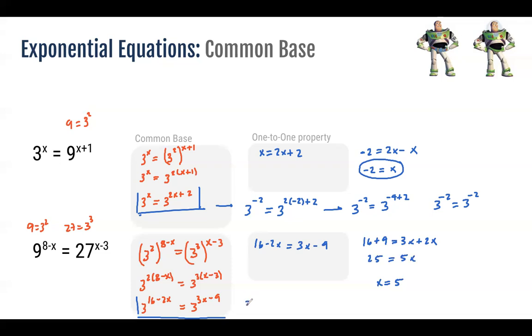So this is going to be 3 raised to the power of 16 minus 2 times 5 is equal to 3 raised to the power of 3 times 5 minus 9. So that's 16 minus 10, which is going to be 3 raised to the power of 6. And 3 times 5, that's 15. Minus 9, we get the same 6 as before. So that proves that our answer is correct.